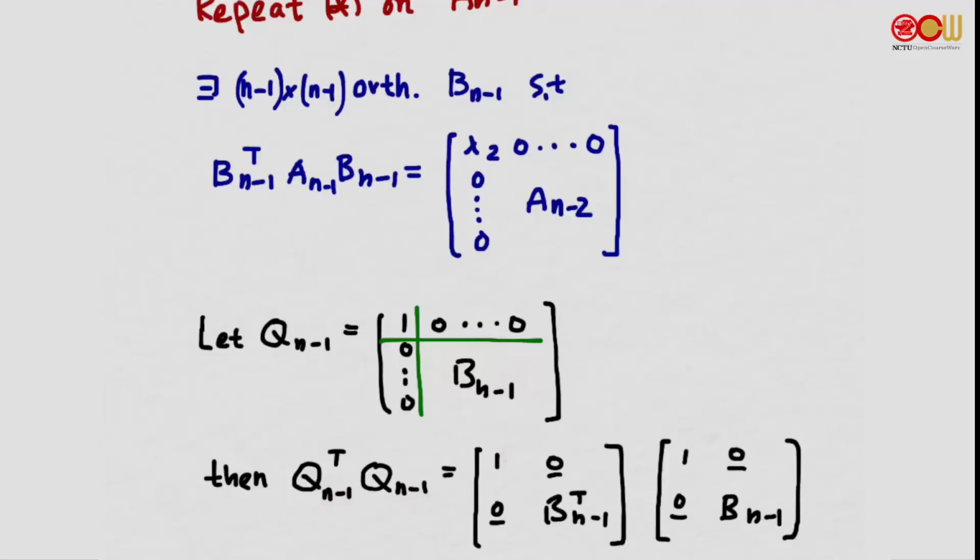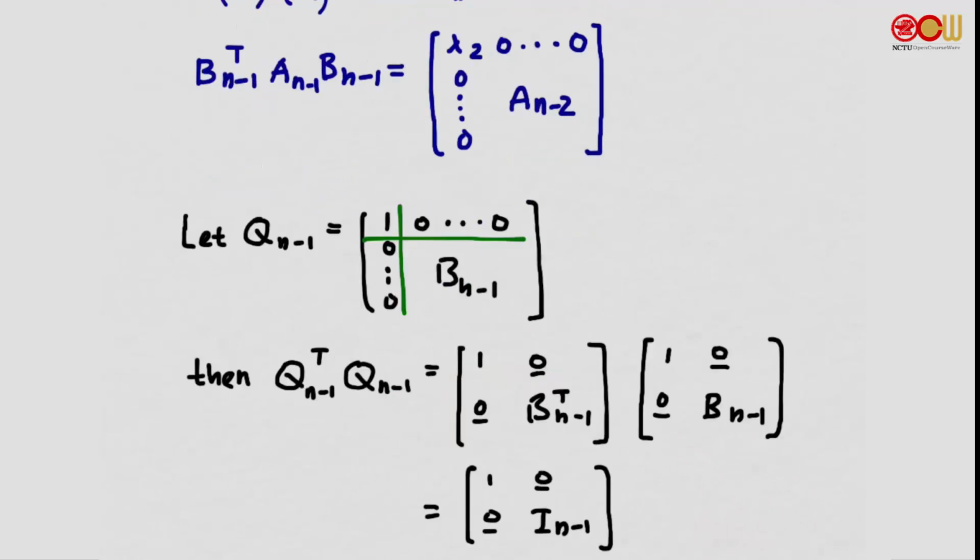This would be 1, 0 at the bottom, 1 and 0, a row vector, 0 row vector, and this is B_{m-1} transpose, and then Q, and this becomes 1, 0, and 0 here, and at the bottom right corner we get B transpose B. So we get identity here. This n by n Q matrix is indeed an orthogonal matrix.